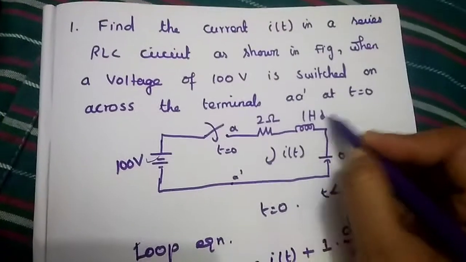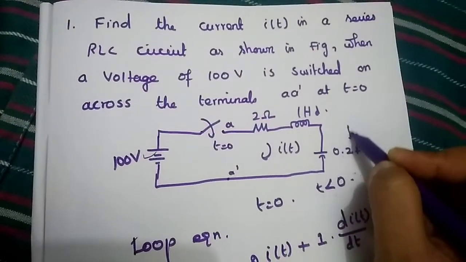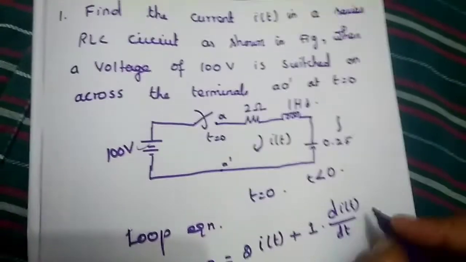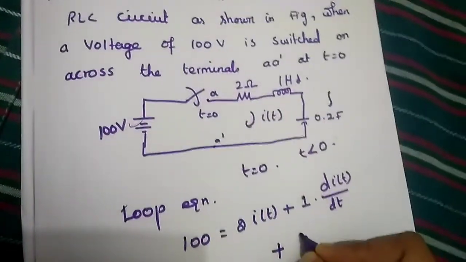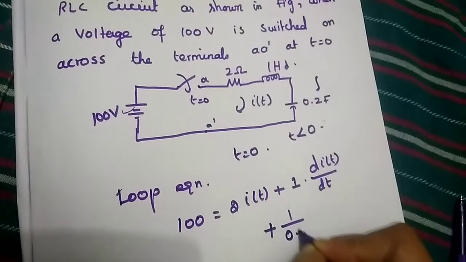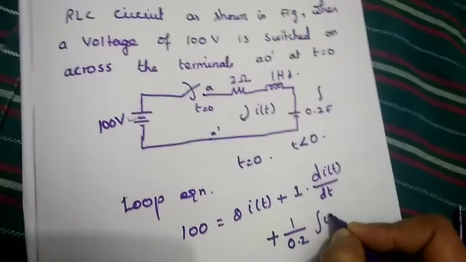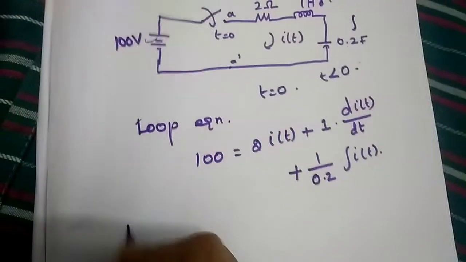For inductance we use a derivative, and for capacitance we use an integral. Plus the capacitance term, which can be written as 1 divided by 0.2 times the integration of i(t).